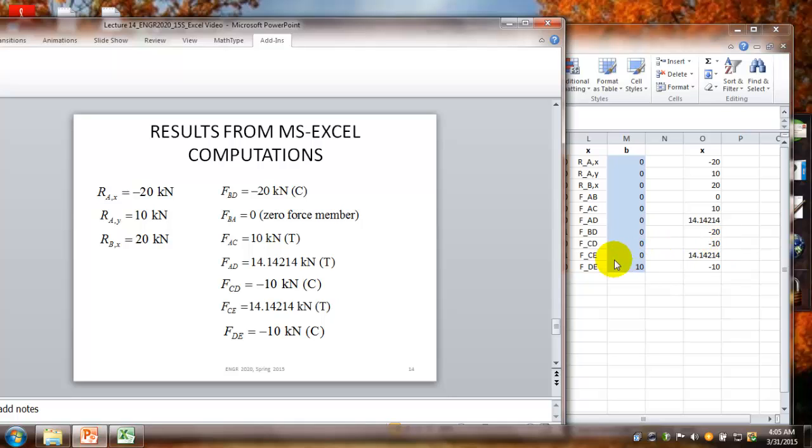Then F sub CE is 14.14214 kilonewtons, again in tension, and F sub DE is negative 10, meaning 10 kilonewtons in compression. So because I assumed the tension orientation for all forces, those that came out to be negative are interpreted as compression, and thus I have verified that it matches with my hand calculations.